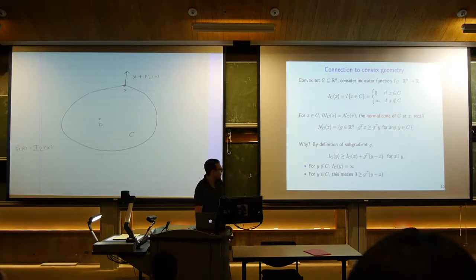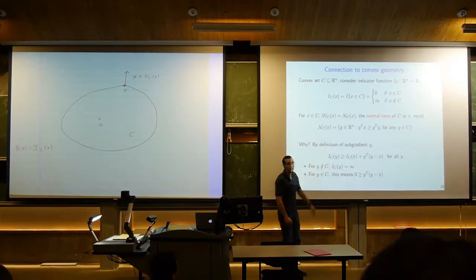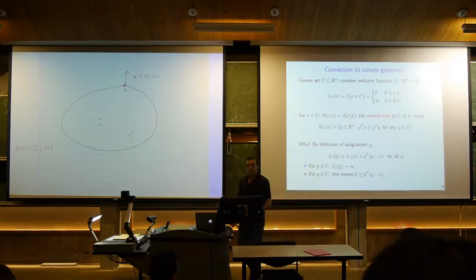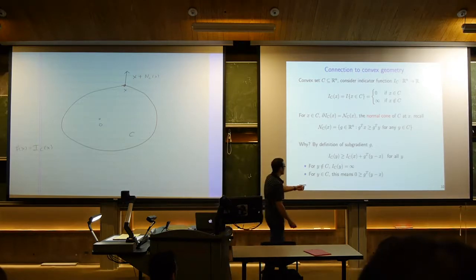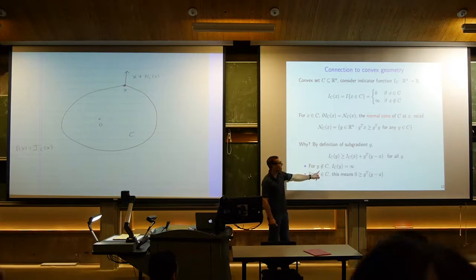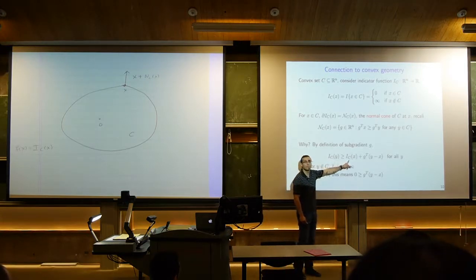And the proof is like 2 lines. So we just need to look at this inequality. If we have a subgradient g, then it's characterized by this inequality being true for all y at the point x. And let's just consider 2 types of y. If y is outside of the set C, then this guy is infinity.